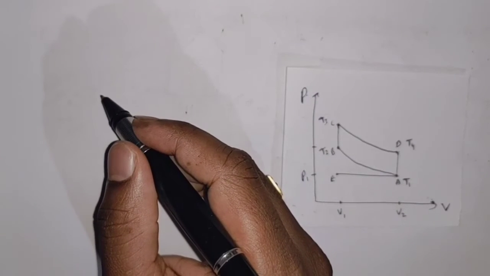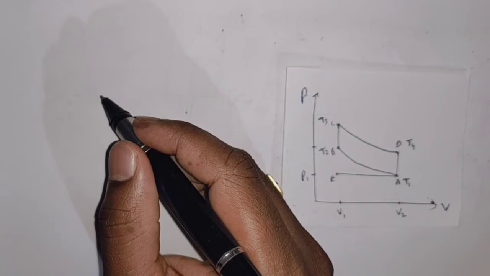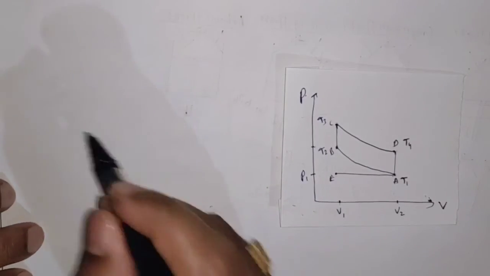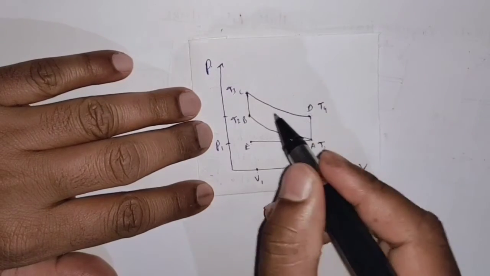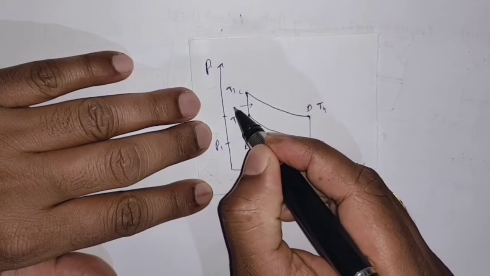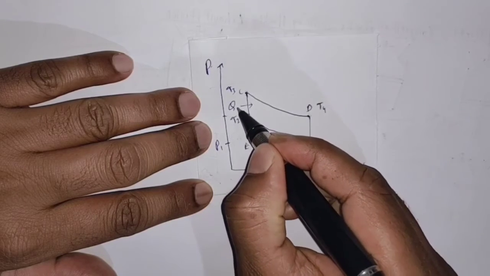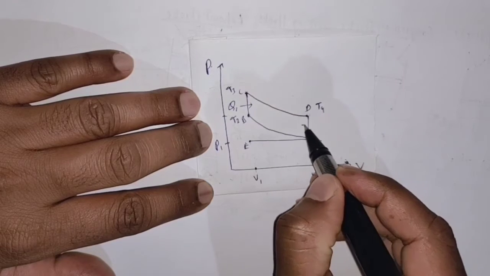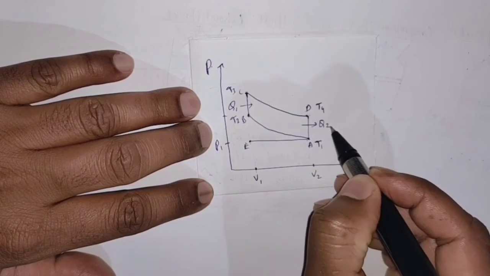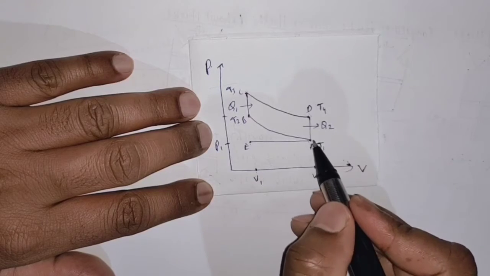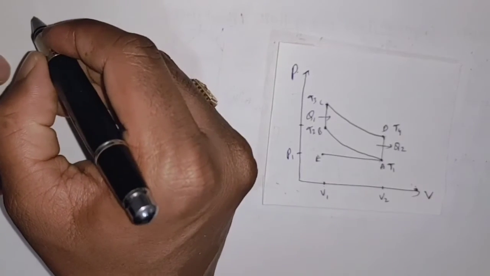Now let us derive the expression for the efficiency of the Otto engine. In the PV diagram, at BC, Q1 is the amount of heat energy added to the system, and Q2 is the amount of energy rejected by the system. First I am going to write the formula for thermal efficiency.